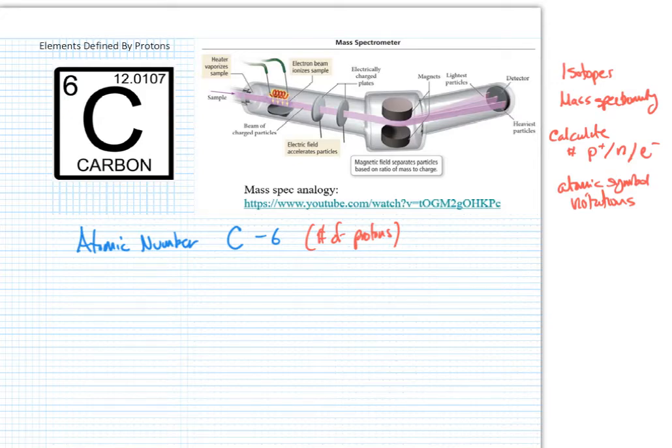Now, within each atom, it is possible that you can have other forms of that with different numbers of neutrons. So the 6 doesn't tell us anything about the number of neutrons, it just tells us about the number of protons. So in fact, carbon has a couple of different forms.